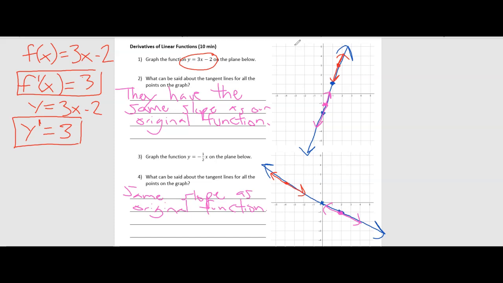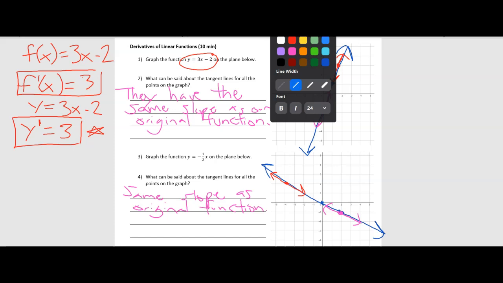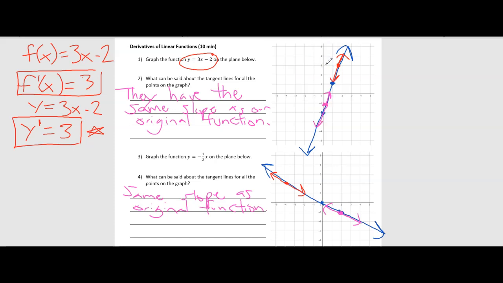Now generally you want to keep it in the same terms that it was given to you in. So down below, if we'll just keep with the y. If I have y equals negative 1/2 x, well, the slope of my original function is negative 1/2. So my derivative is equal to negative 1/2.